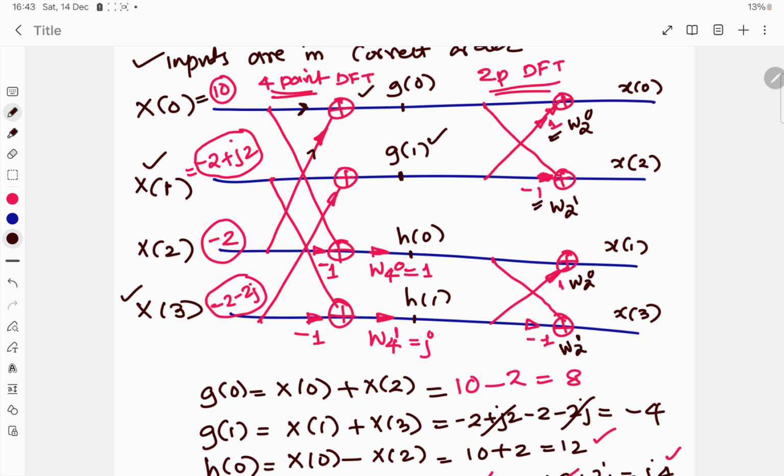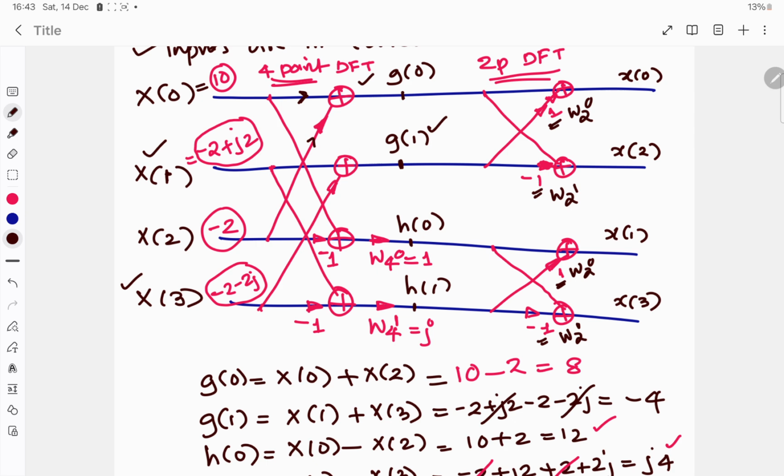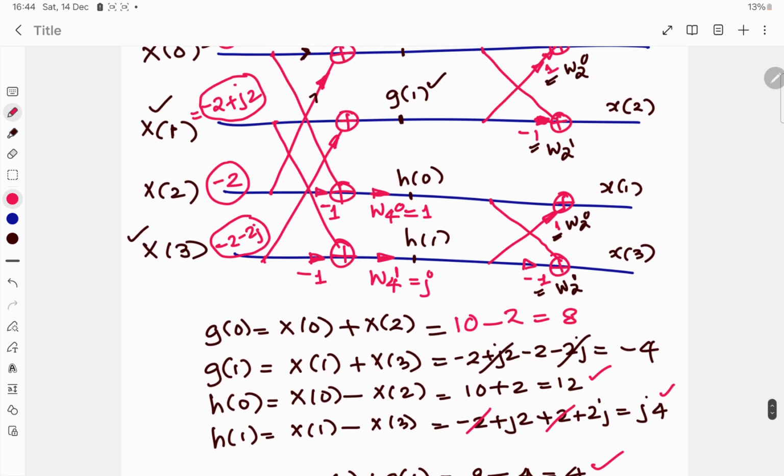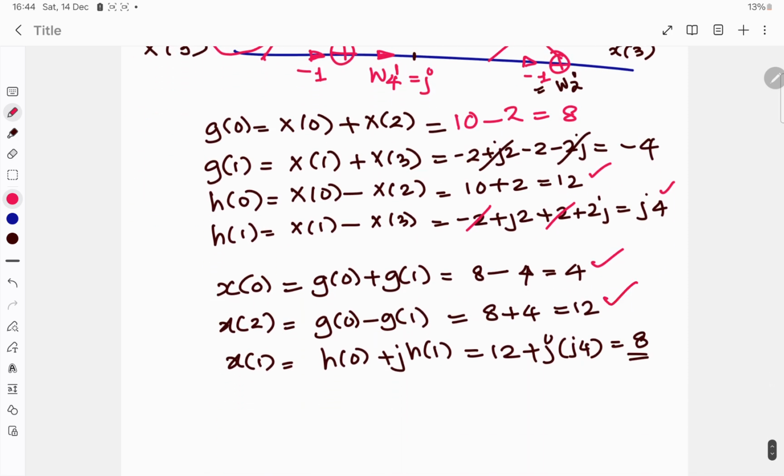So the top will be 1, bottom will be minus 1. Then we can find the values of x. g0 plus g1 will give you x0, which is 4. We can also find x of 2, which is g0 minus g1, which is 12.